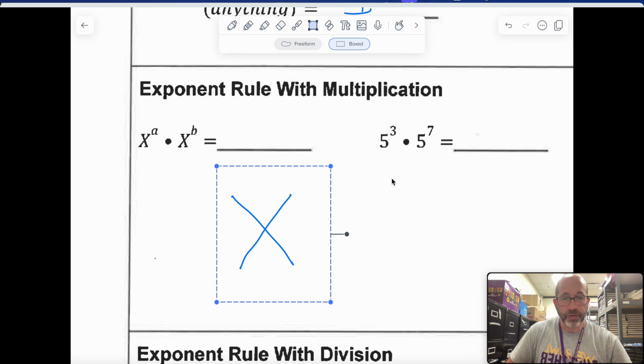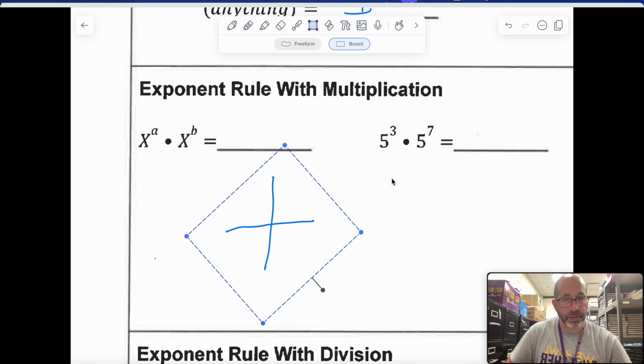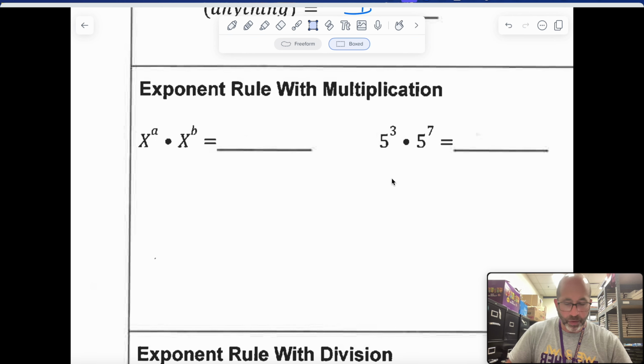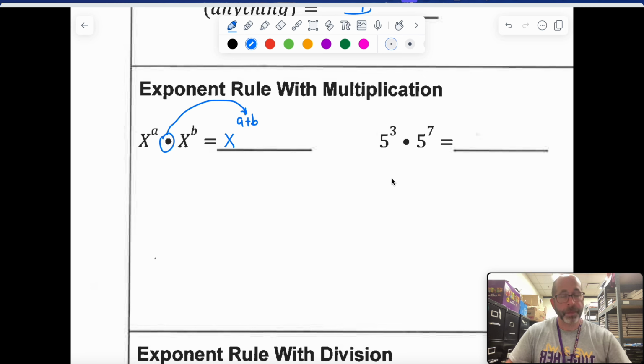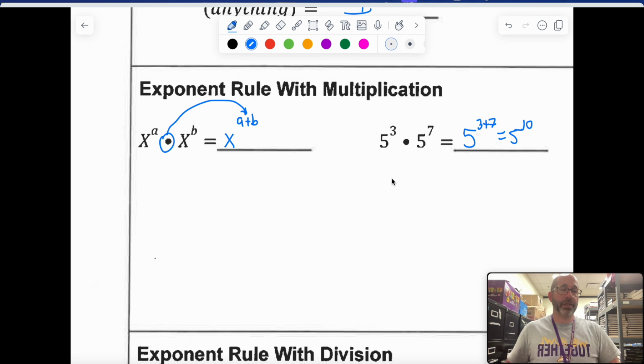If we have x to the a times x to the b, that's going to equal x to the a plus b. The multiplication turns into addition. So when we look at this one, it's 5 to the 3 plus 7, which means we get 5 to the 10th.